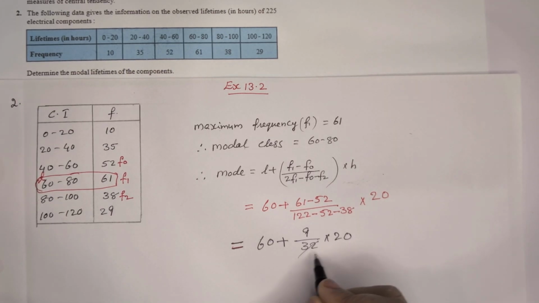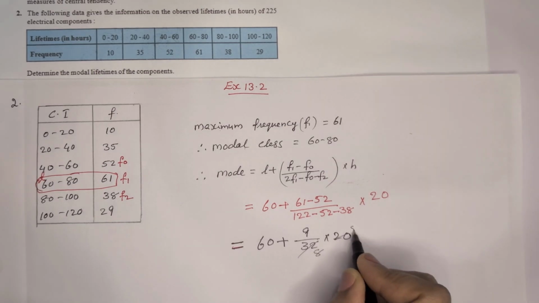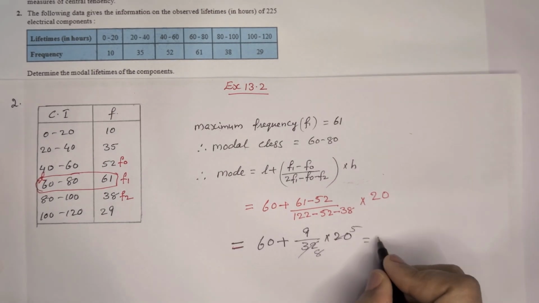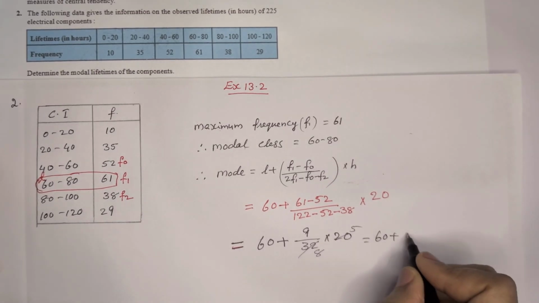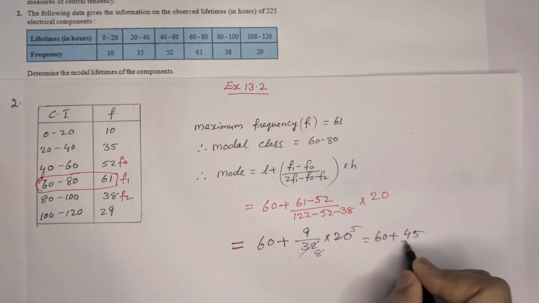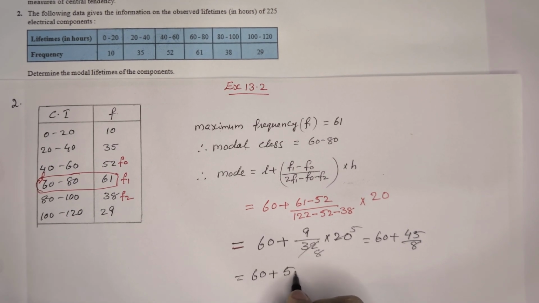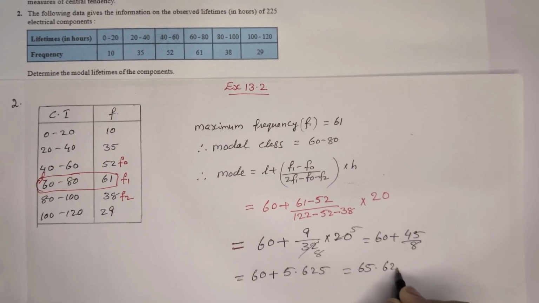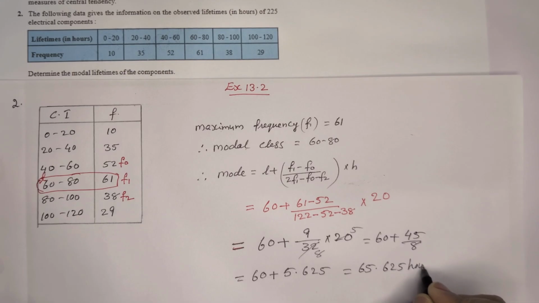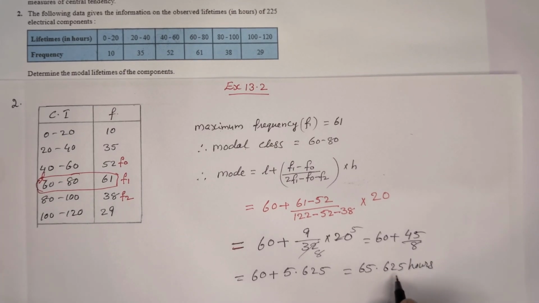We can simplify, divide by 4, 5. That means 60 plus 45 by 8 is equal to 60 plus 5.625, which is equal to 65.625 hours.